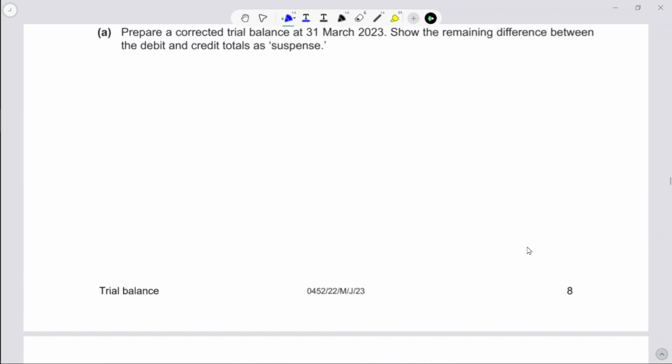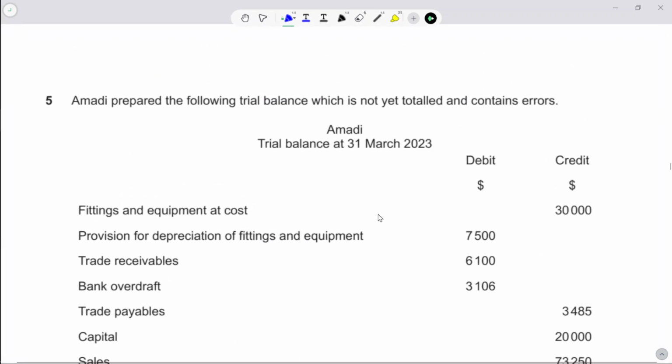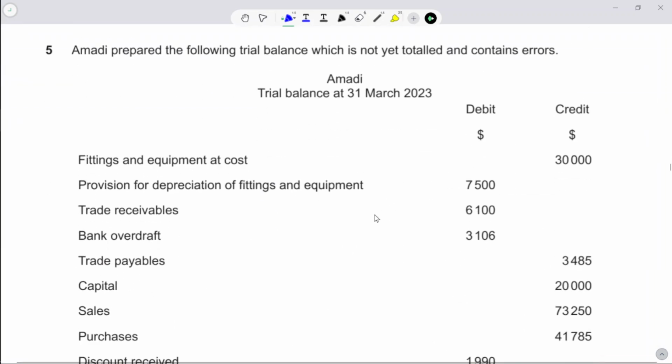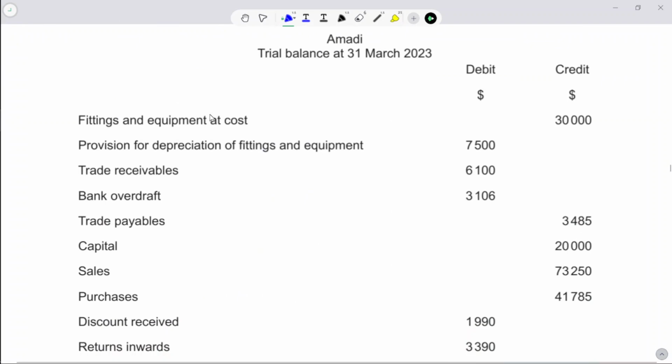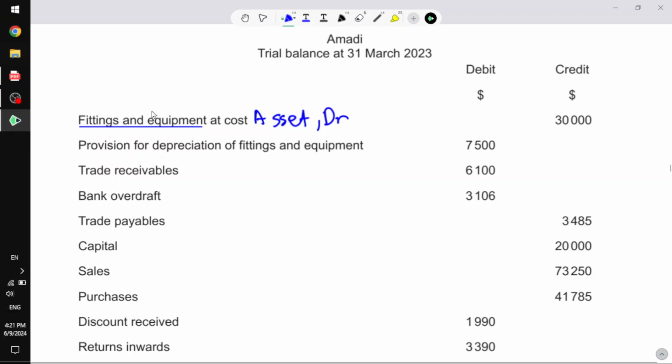Now let's go to page 8. For page 8, let's do the same thing again. Fittings and equipment is an asset, so we debit.